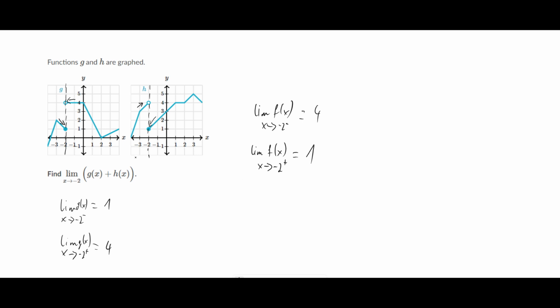And now if we divide our addition into two sides, left side and right side, like limit as x approaches minus 2 of g of x plus h of x, left side, yes, I write minus here to show you that it's the left side, of course, and we should take values from the left side.